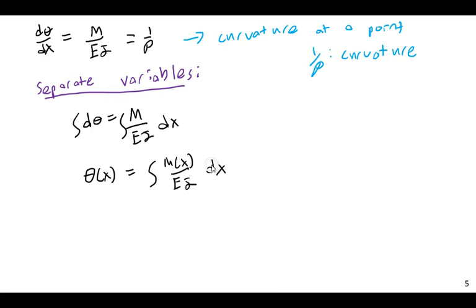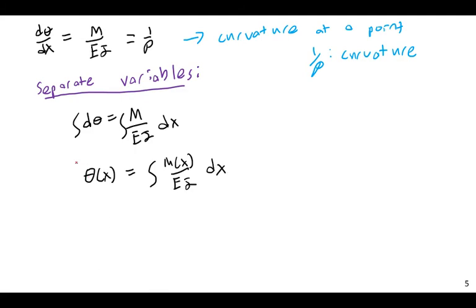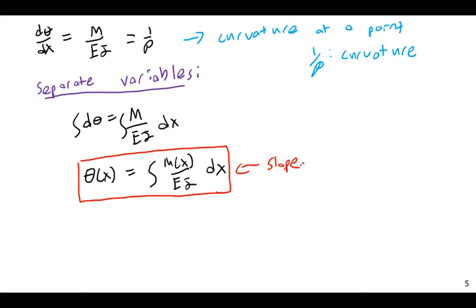And this is something really useful. I'm going to put a big red box around it just because it's that important. So this is one of our final desired results. This is the slope at a point x, or mainly slope as a function of x.